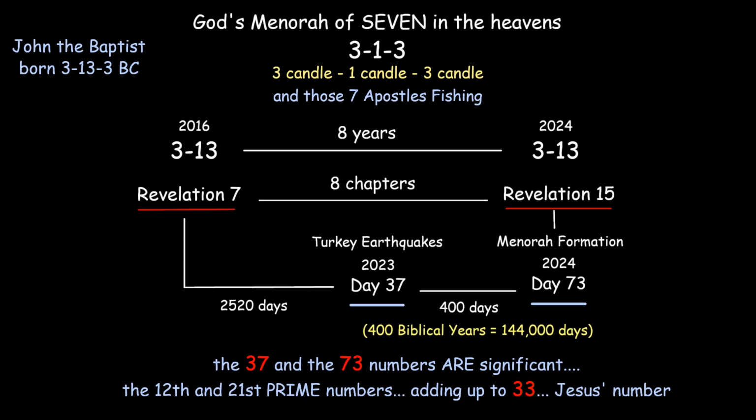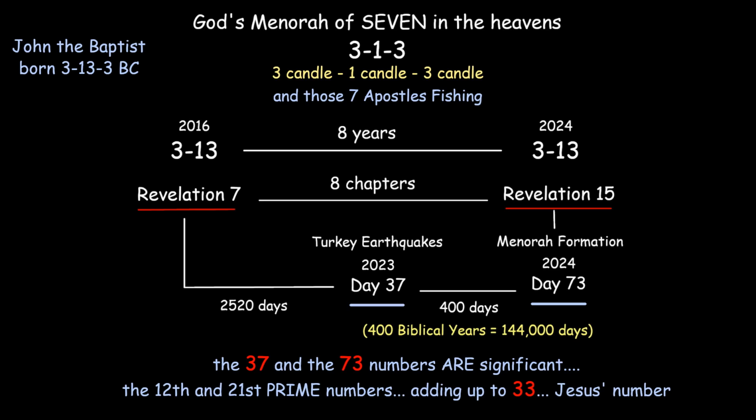What's more is that the biblical 2,520 days, the biblical 7 years of going around the circle of 360 degrees 7 times, just as in the story of Jericho, the 2520 day count from this sign was exactly to the day when the Turkey earthquake started and the 7th seal.